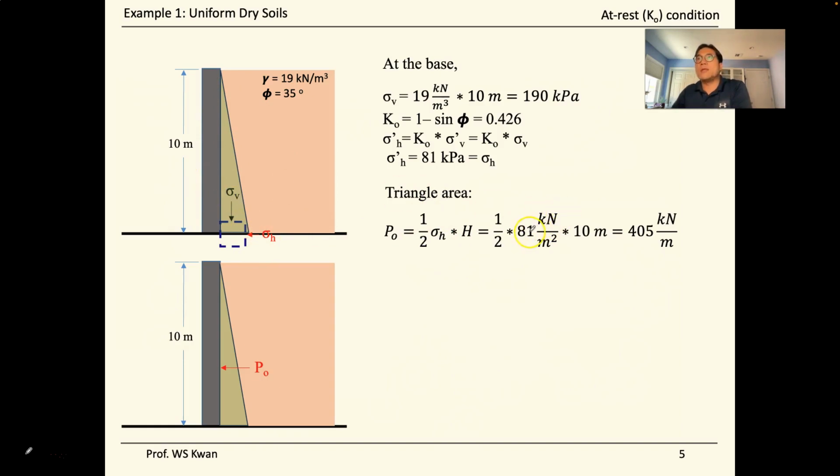And we do our math here, 1/2 times 81 kilonewton per meter square times 10 meters. We got 405 kilonewtons per meter. Since this is a 3D problem, but we simplified it in 2D, two dimensions on the paper, the force is supposed to be in kilonewtons. So we are talking about kilonewton per meter.